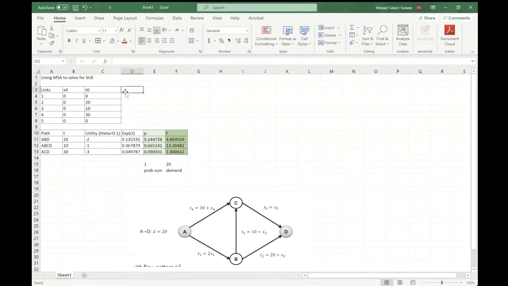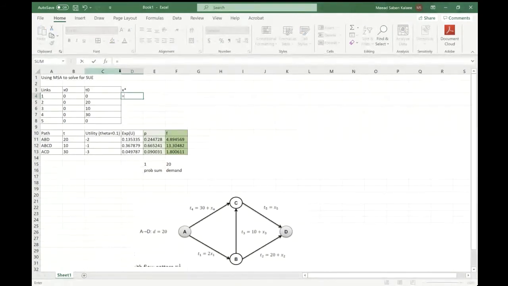So let me write X star here. So what would be my X star? So link 1, what is the link 1 volume? It's actually just ABD. The volume of link 2 is actually, again, just coming from the flow of path ABD.